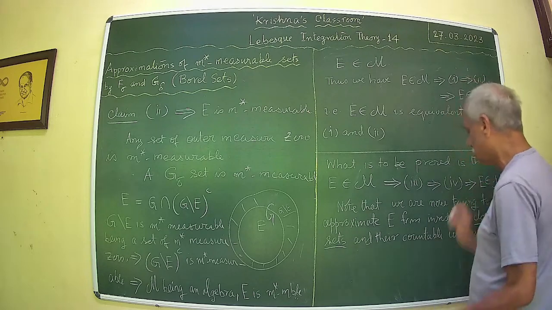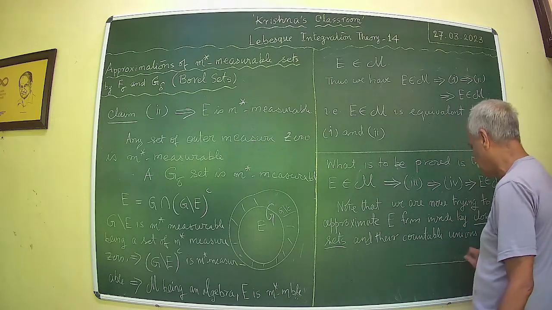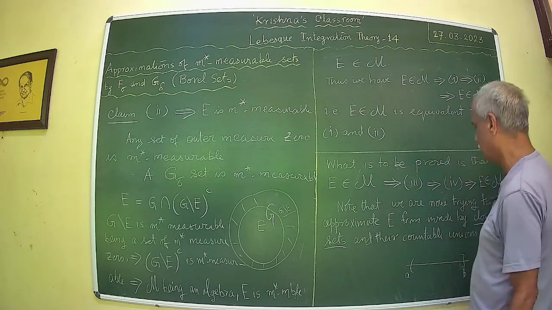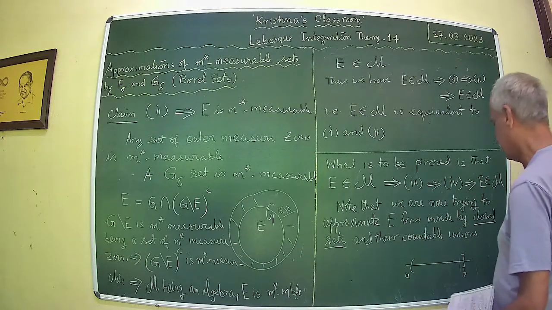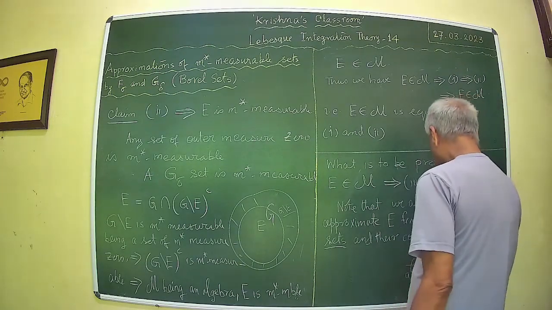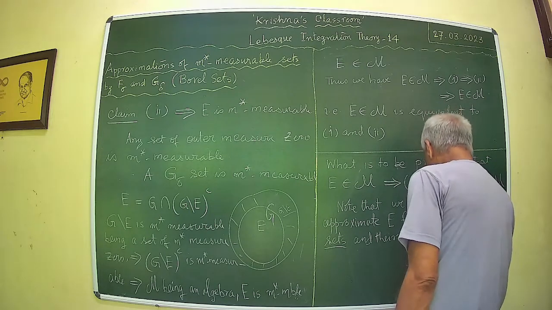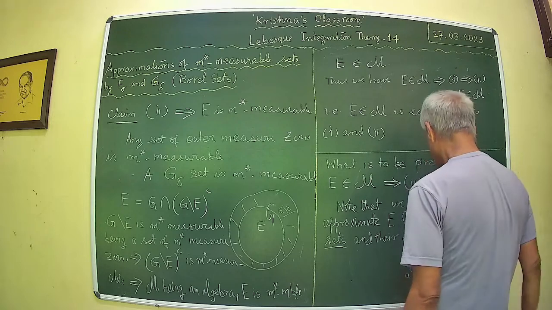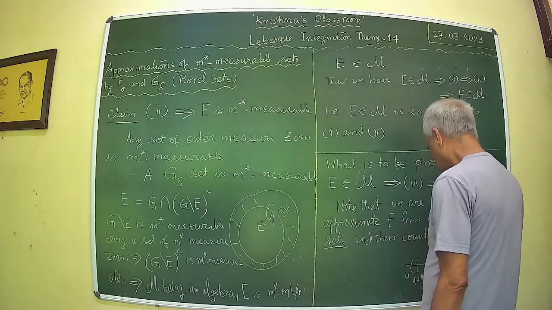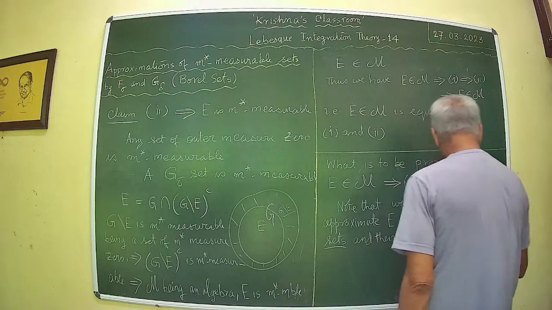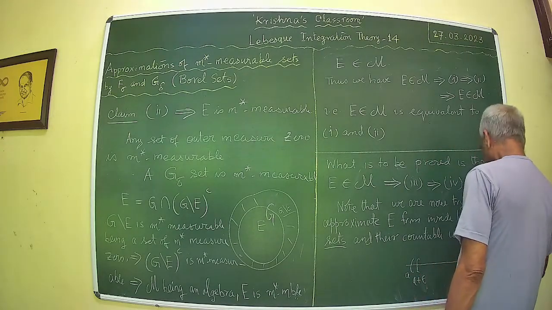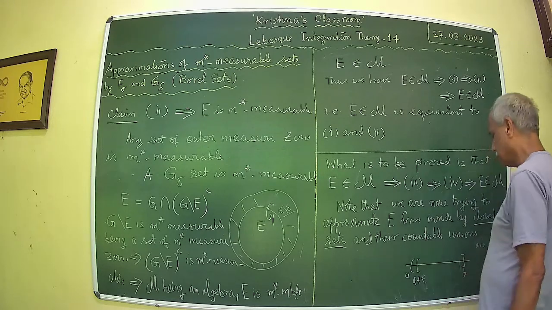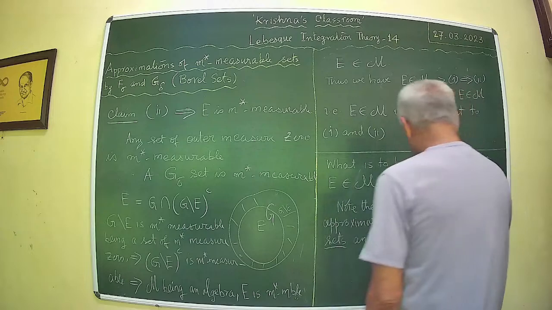Now to demonstrate this, suppose you have a set E, say an interval. What you do is approximate it by something like a plus 1 by n, or a plus epsilon, so that you get the closed set a plus epsilon, b.